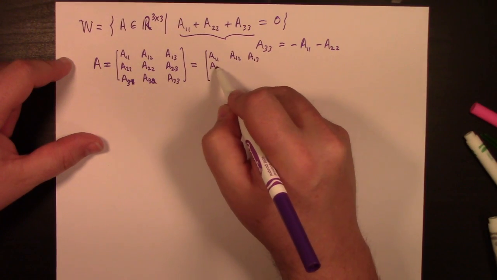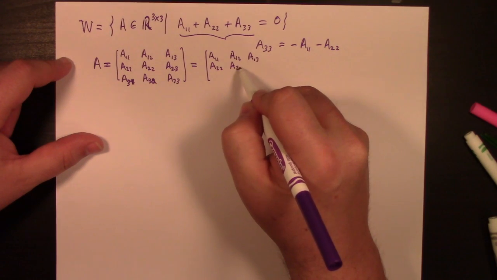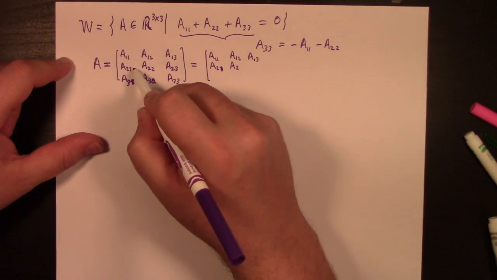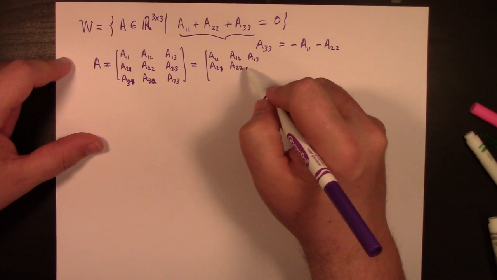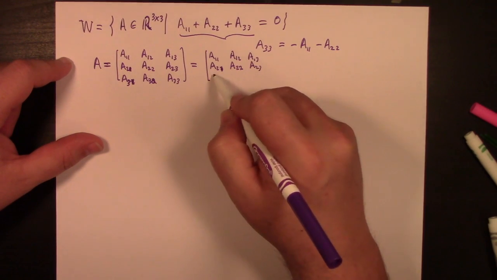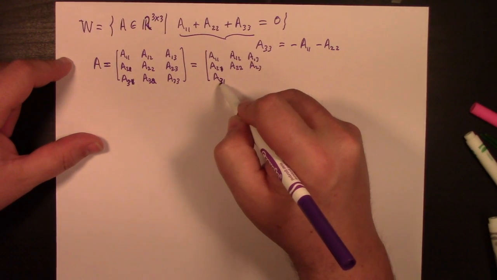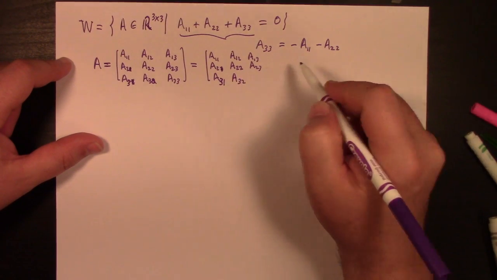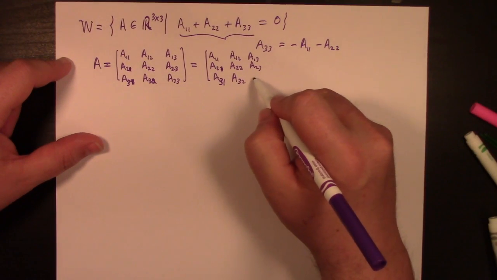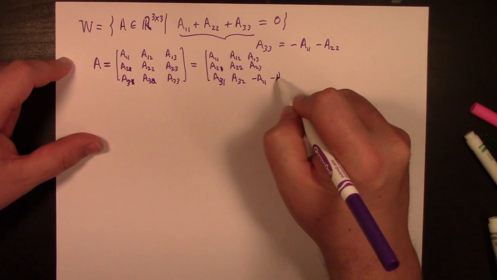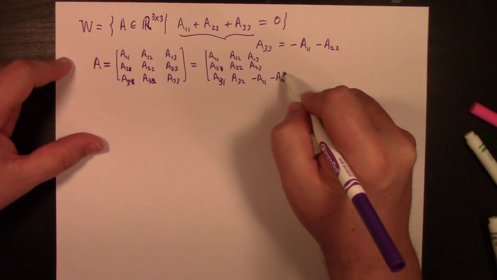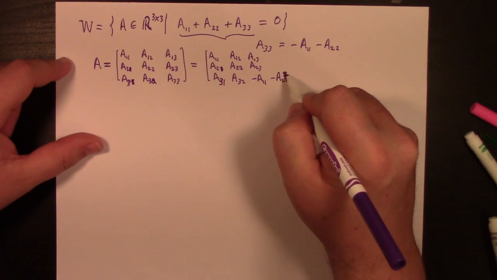A21, A22, A23, A31, A32, and then A33. Well, A33 is minus A11 minus A22, right?